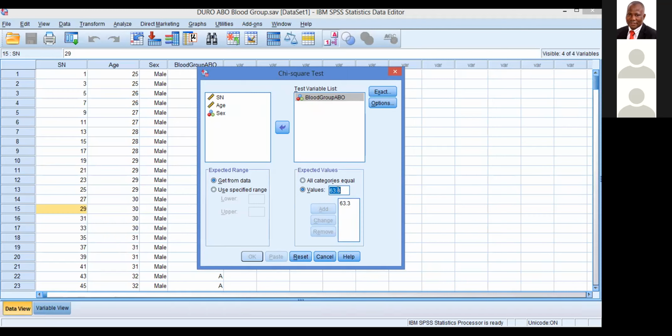Add. Then type 46.2. Add. Then the last one, 133.8. Add. Click OK.